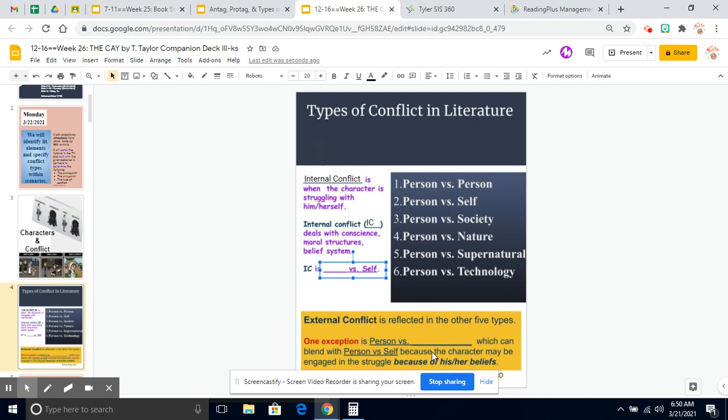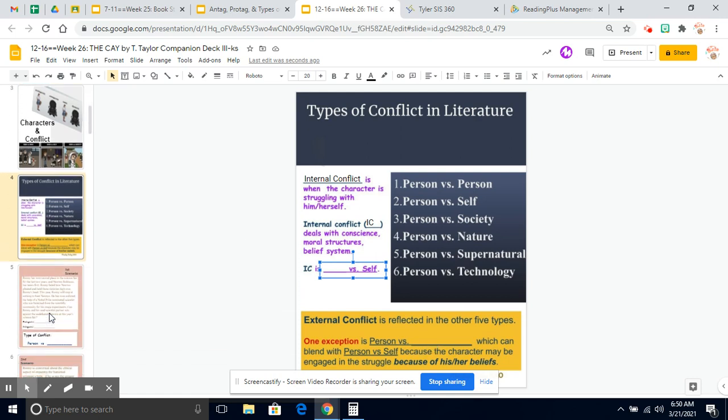The bad thing is called Jumbi, and Timothy's trying to get rid of that from the island. Okay, so now you know your 6 types of conflict.